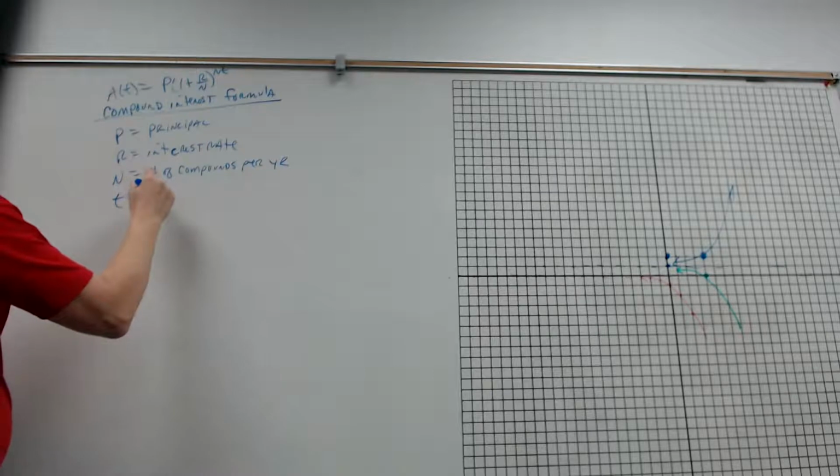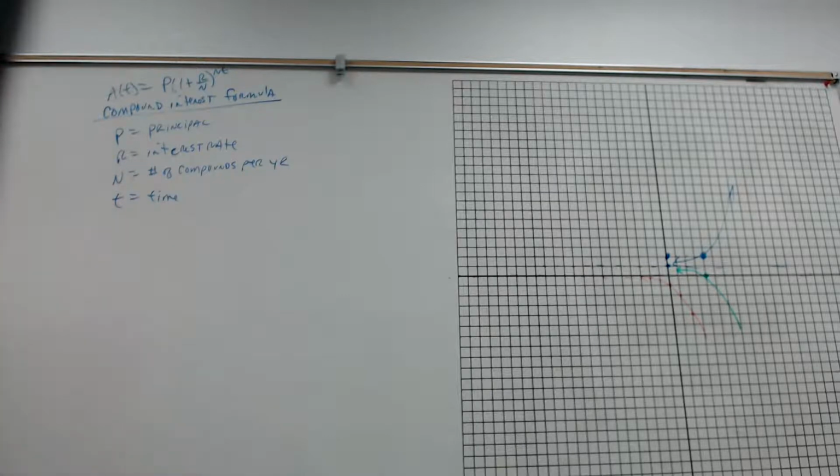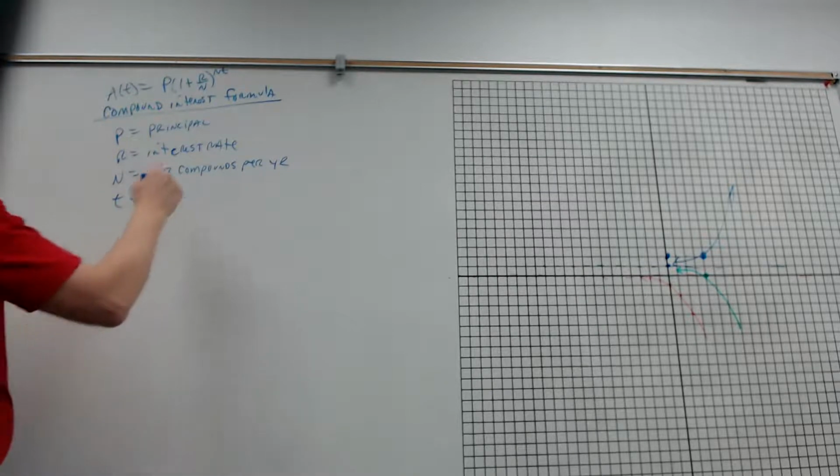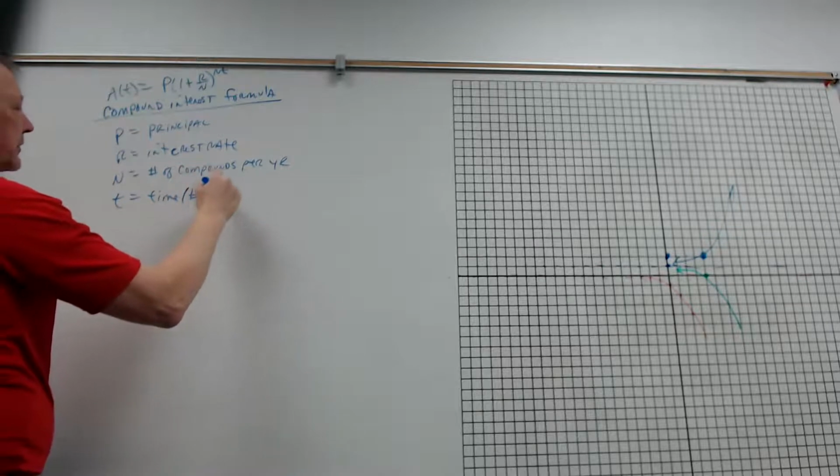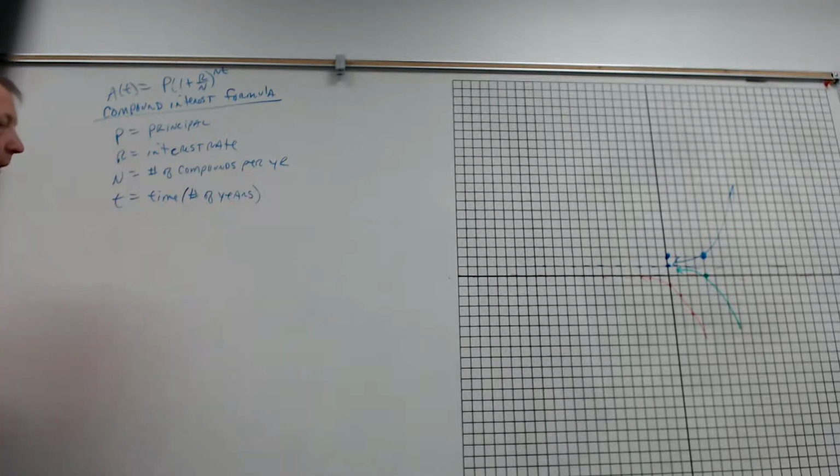T equals your time, which usually means number of years. Now, if you have a savings account, technically you're making money, this is to your benefit, but since they make the interest almost zero, then it's not very useful.